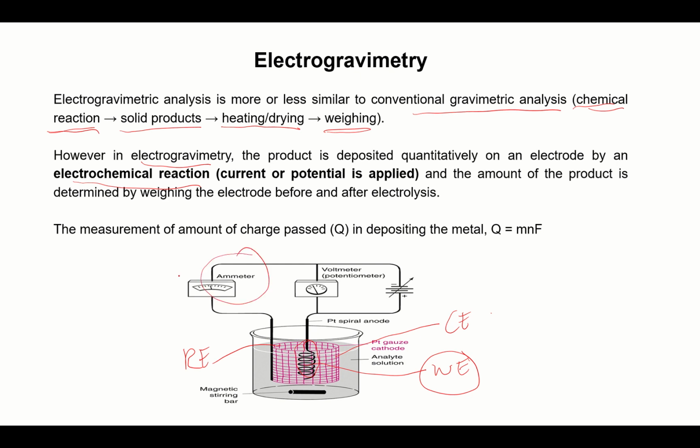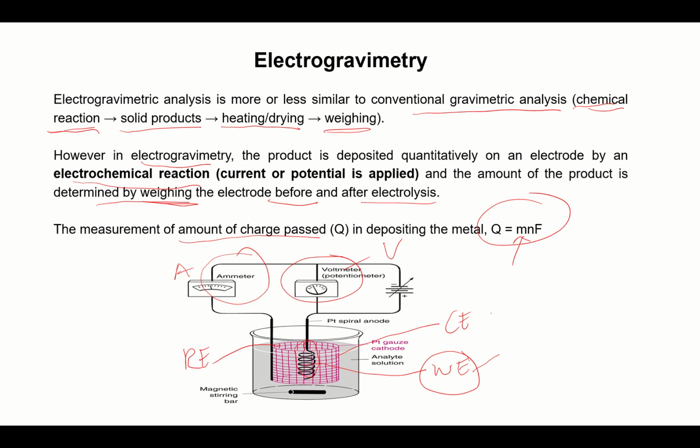So either by applying constant potential or constant current, we must measure the working electrode before we do the electrolysis or electrodeposition and after the electrolysis. So you will know how much mass. Here you can use this formula or equation Q. It's actually similar to coulometry, but it involves an additional process, which is the weighing process before and after the electrolysis.